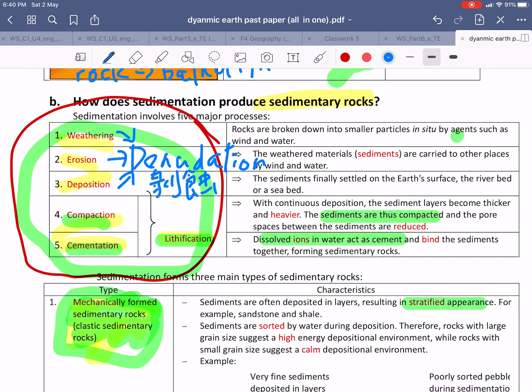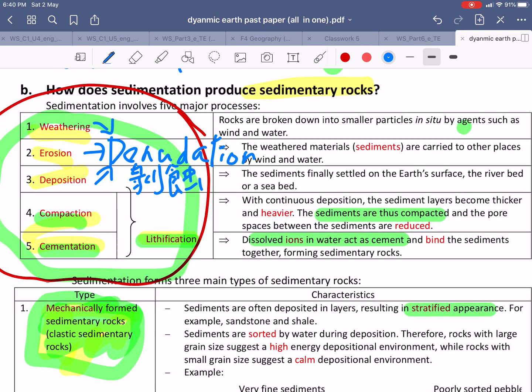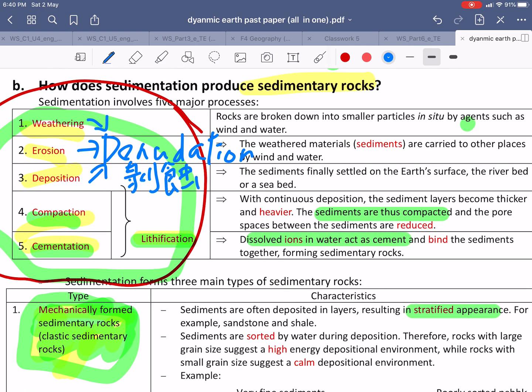But what are the differences? Compaction is kind of physical. What's physical compaction? Let's think about Mr. Leung falling to the ground and compacting a piece of bread, and then the bread will become flattened, right?